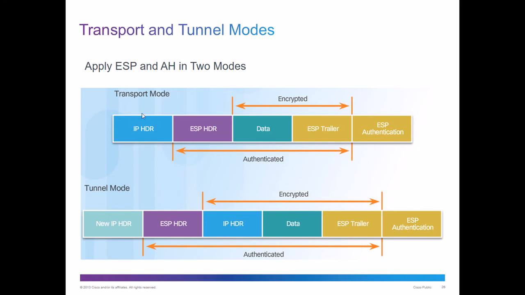When you pass anything in the transport mode, the IP header will be seen, the IP addresses, in other words. So the transport mode is really used if you are inside a LAN. You want to encrypt the data inside the LAN, and you want your routers inside your building, inside your secured network, to be able to see the IP addresses, but you still want the data to be encrypted.